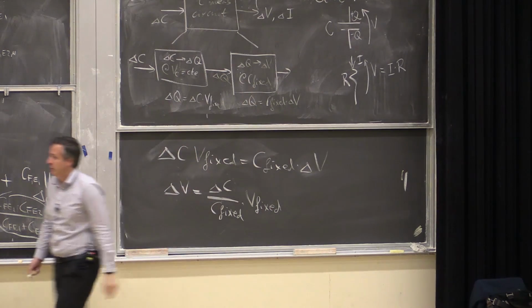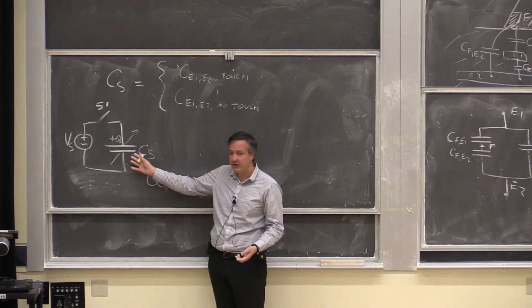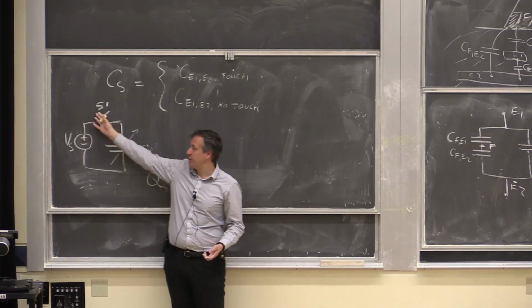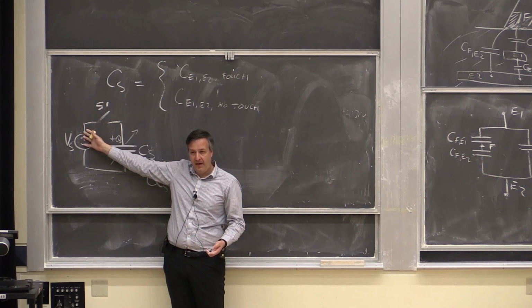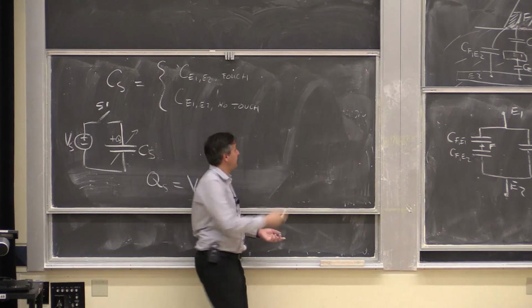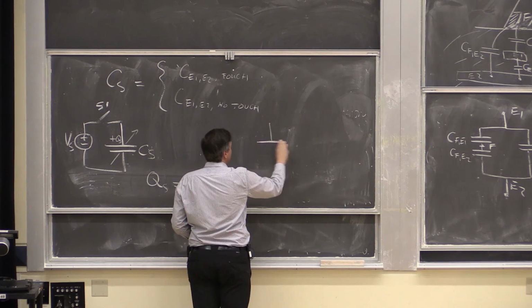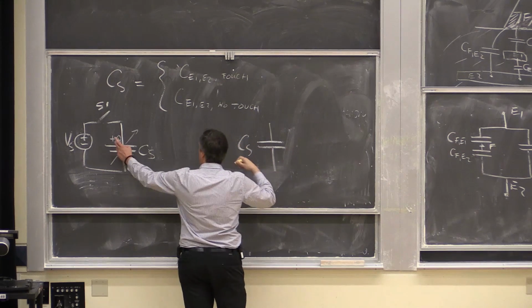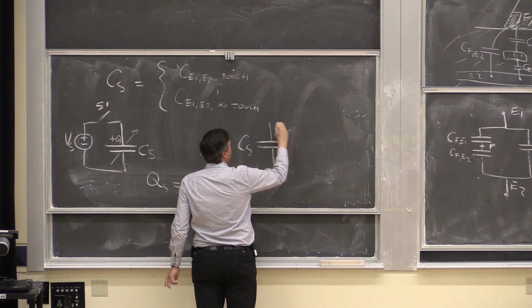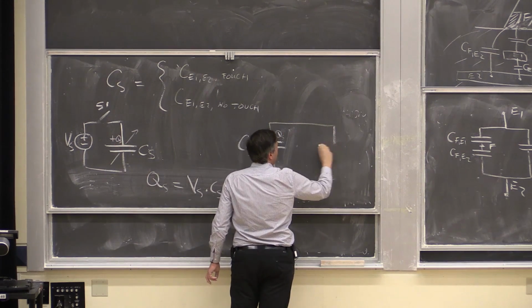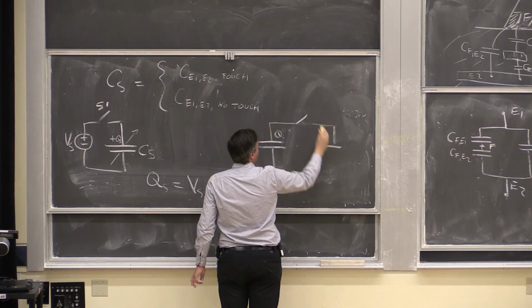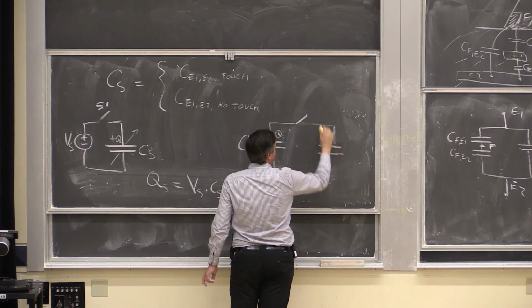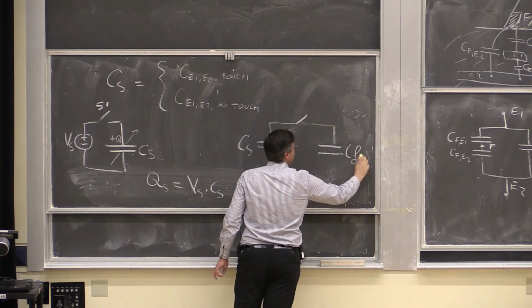The second phase of this circuit is that I detach it from the supply and then add the capacitor. So let's see what happens there. I have this Cs. I had Qs here. And now I add another switch, and this is C fixed.